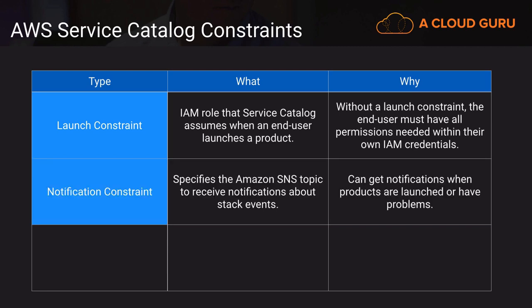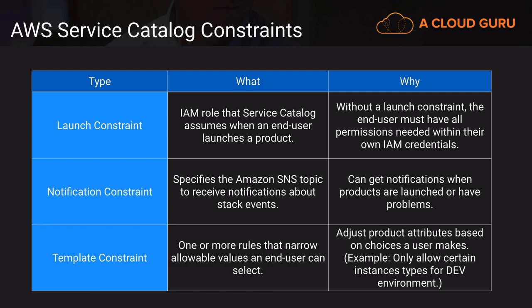Next, there's the notification constraint. And this is pretty simple. It just says that this is the SNS topic that's going to receive notifications when something happens on that stack that gets deployed. That's pretty straightforward. Then we have the template constraint. And this is very useful because it allows us to create kind of a quasi-wizard when a consumer or a user is trying to deploy our product. So we can ask them questions, and that decides how we provision the product.